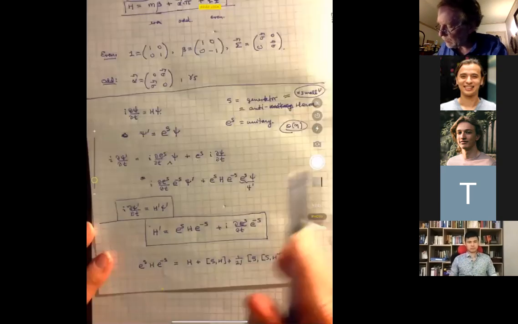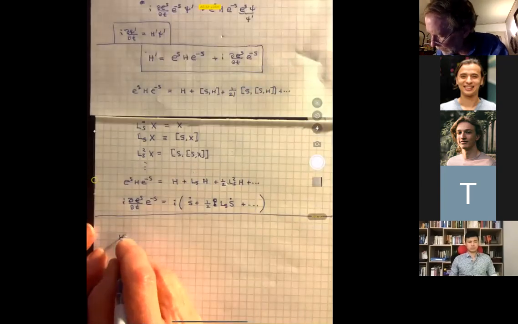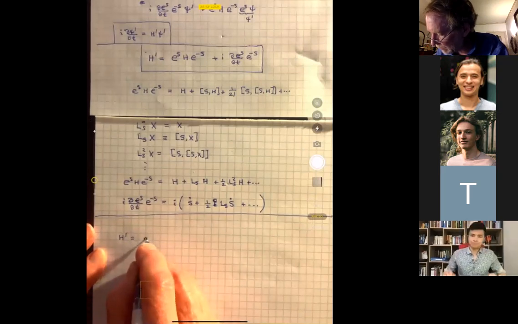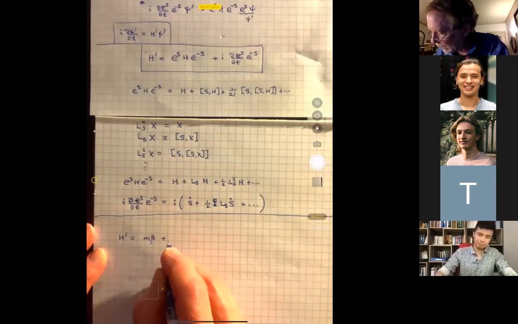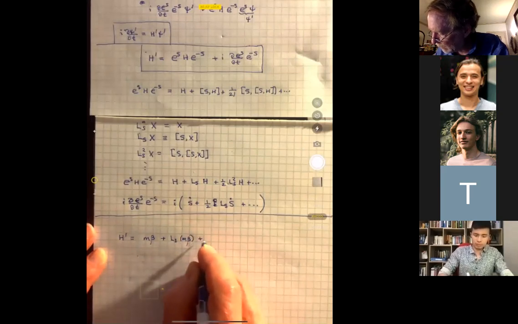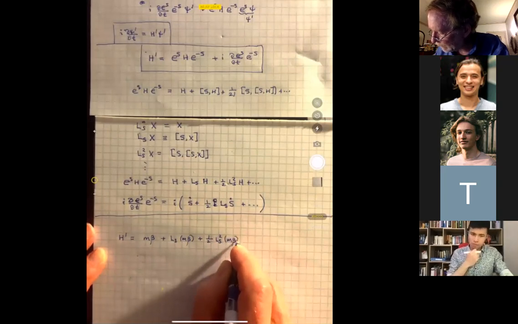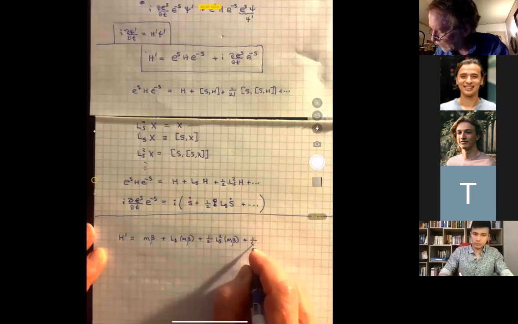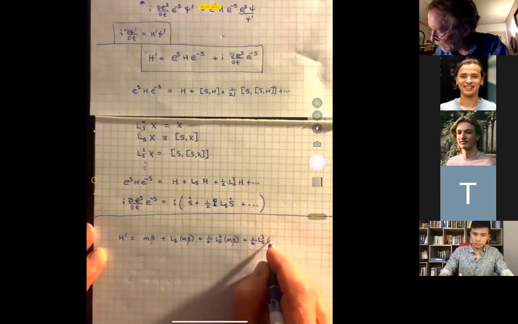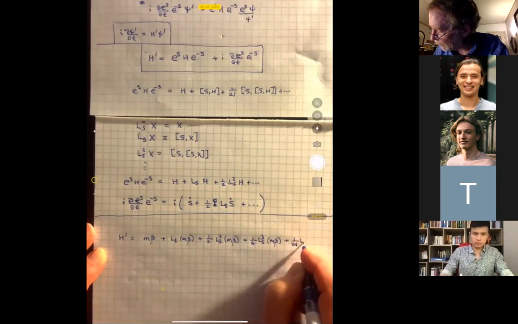And I need to also include the term for the time dependence. So this is going to give me now an H prime that looks like this. H prime is going to be equal to m beta plus L_S acting on m beta plus 1/2 L_S squared acting on m beta plus 1/6 L_S cubed acting on m beta plus 1/24 L_S to the 4th acting on m beta.